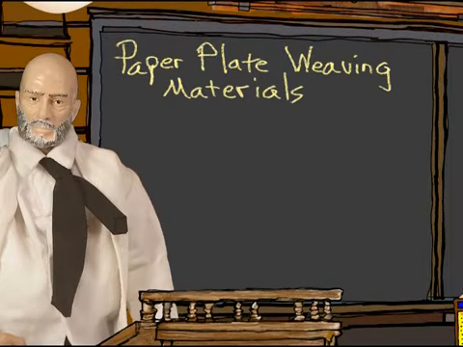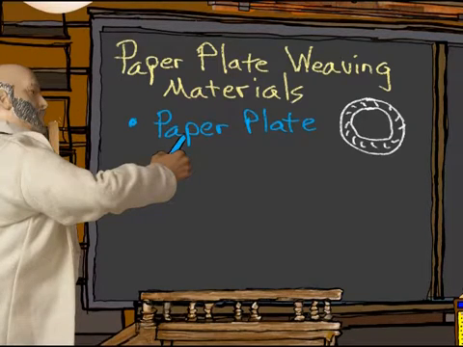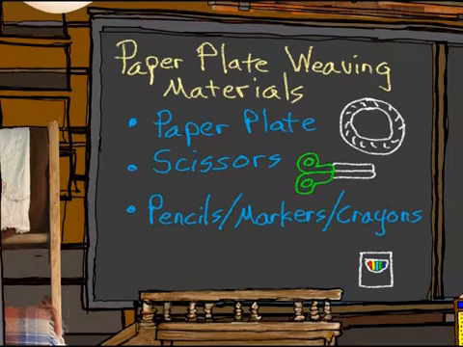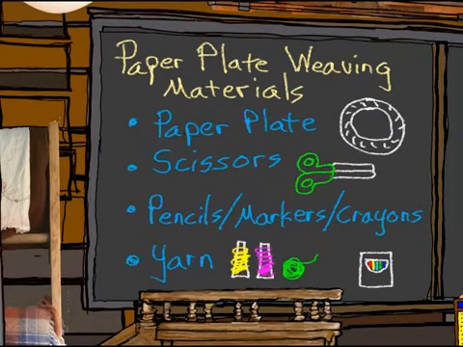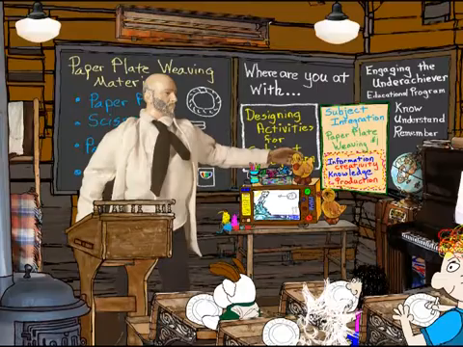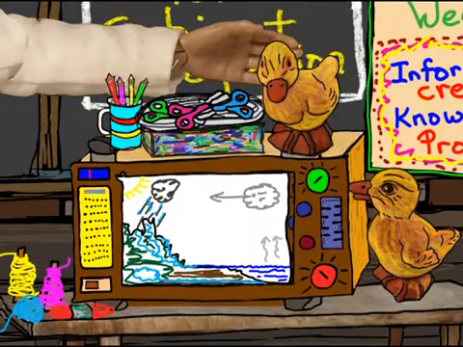First of all, let's list the materials we'll need. A paper plate, scissors, pencil, markers, crayons, pencil colors, yarn, a variety of colors. We'll set these here next to the Cranky Cinema. Hello, Frank and Gabby.